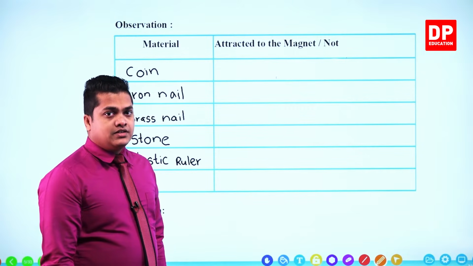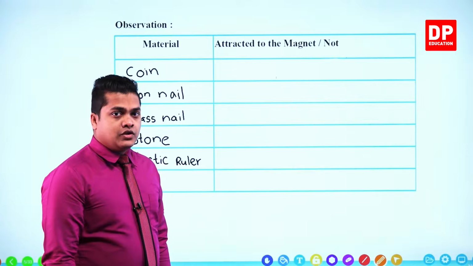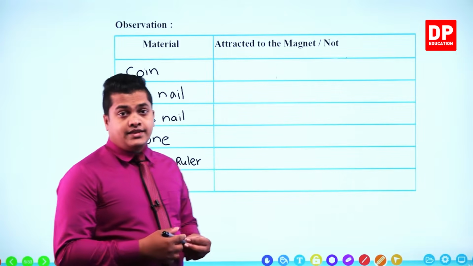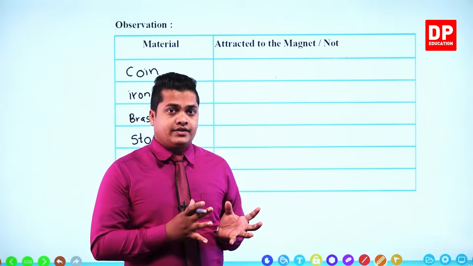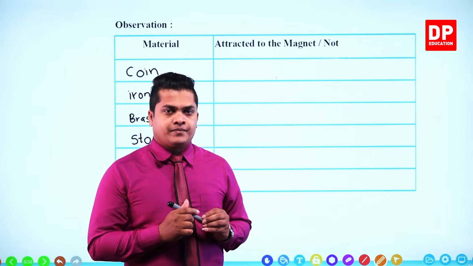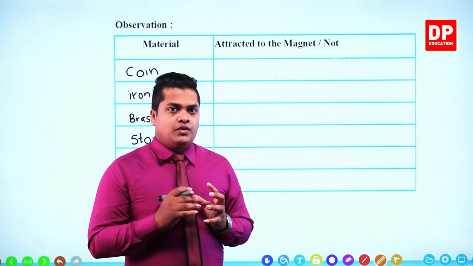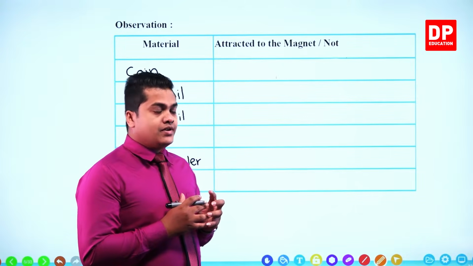These are the materials which we are given with. So after conducting the activity, we observed whether these materials are getting attracted to the magnet or not. So let's see what has happened.